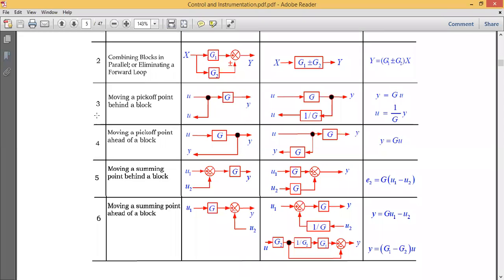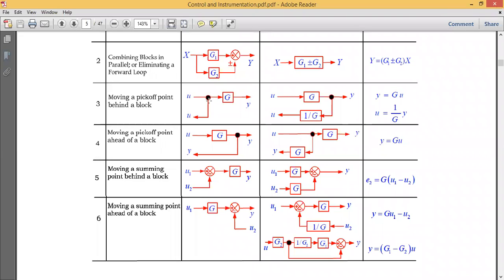What is the difference between point number 3 and point number 5? Point number 3 says if you are shifting the takeoff point after the block, make the block 1 by G. If you are shifting the summing point after the block, both are after the block, but what is the difference?